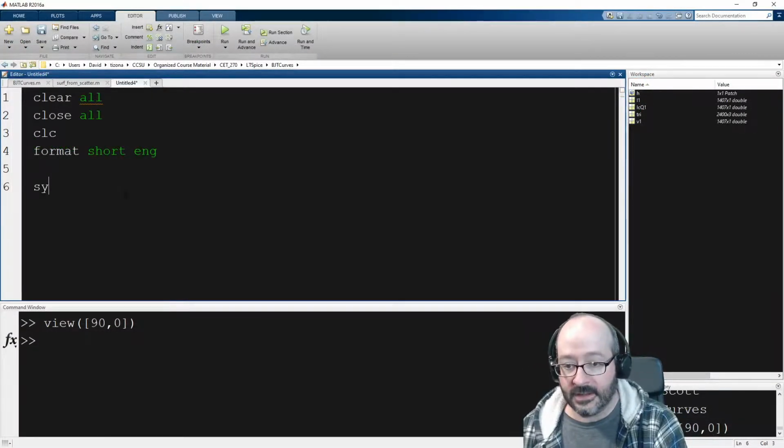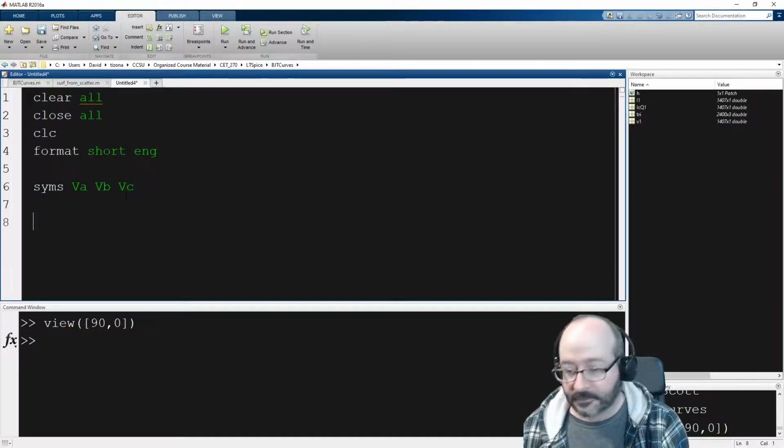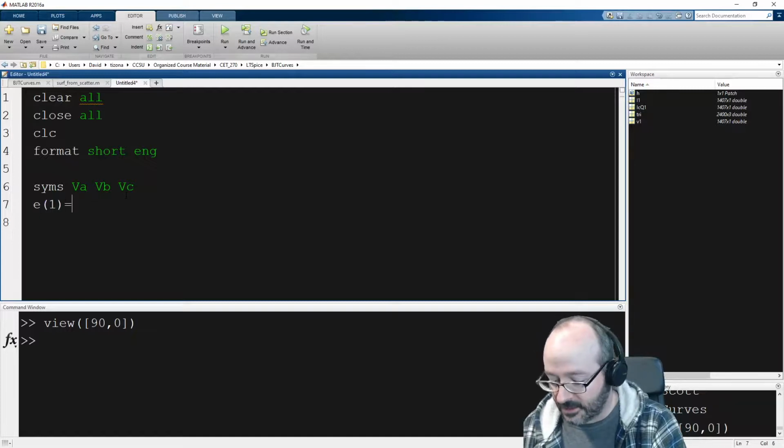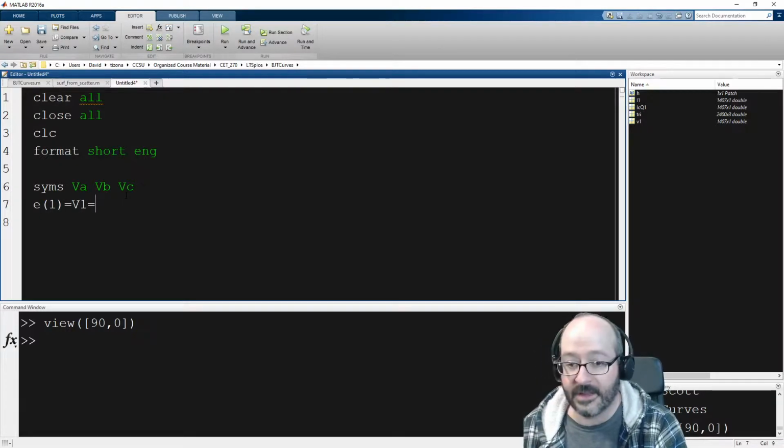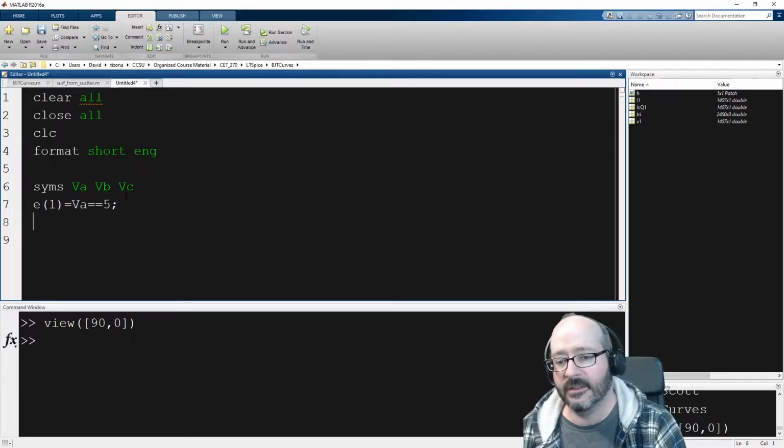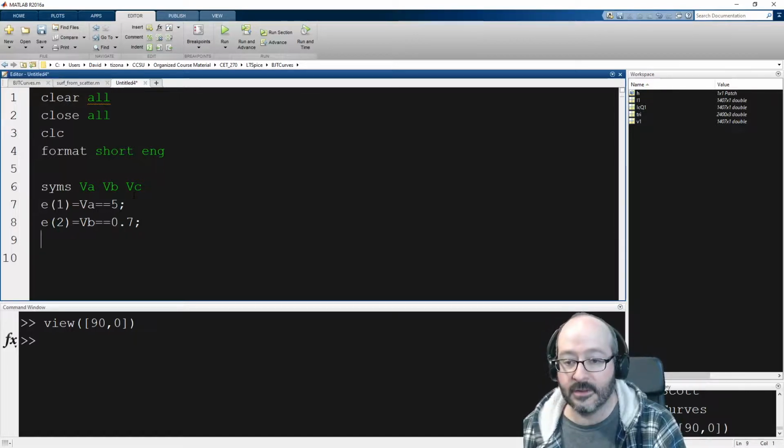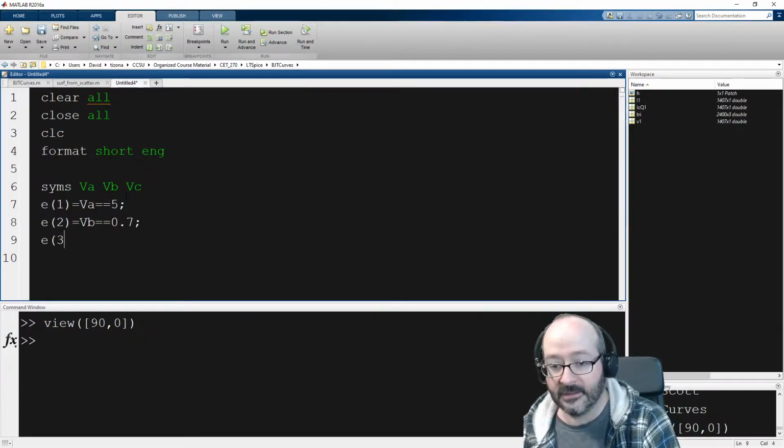All right, let's set up our symbolic variables, VA, VB, and VC. Our first equation is VA equals 5. Second equation is VB equals 0.7. Those are nice and easy.